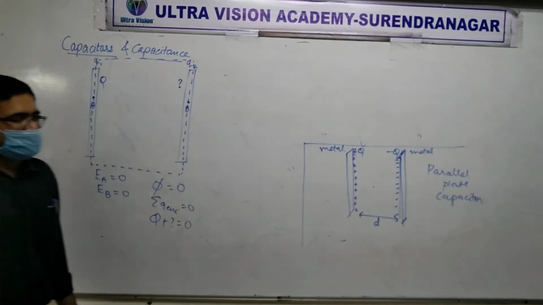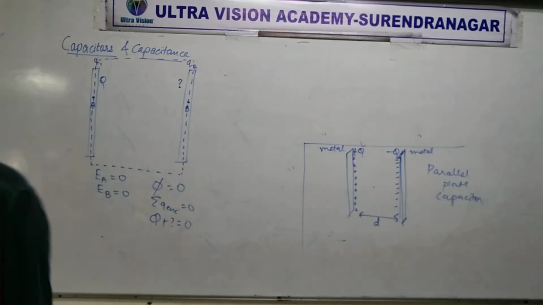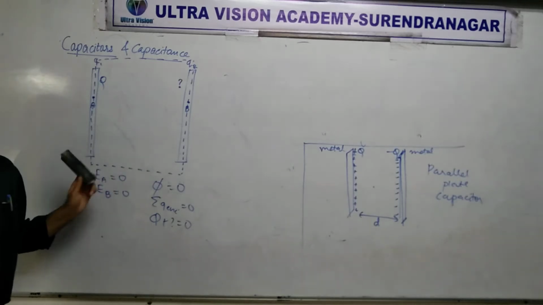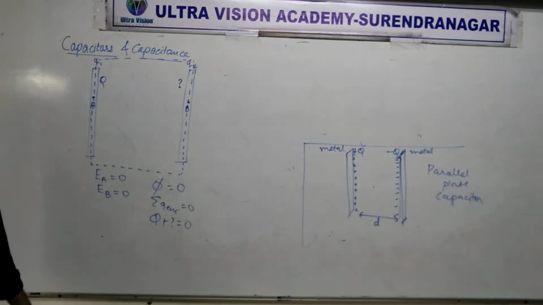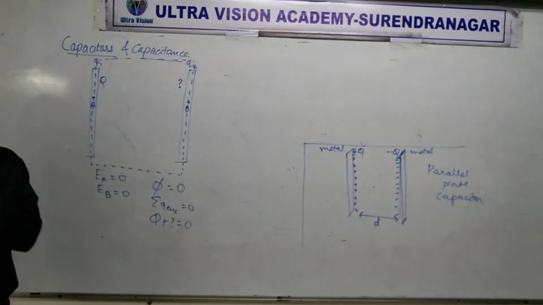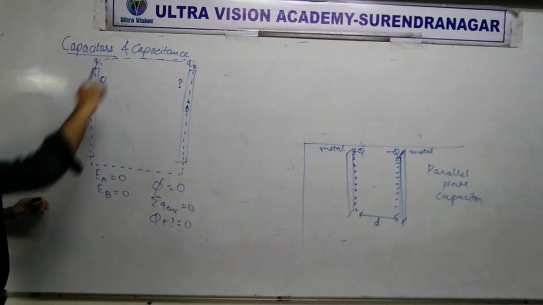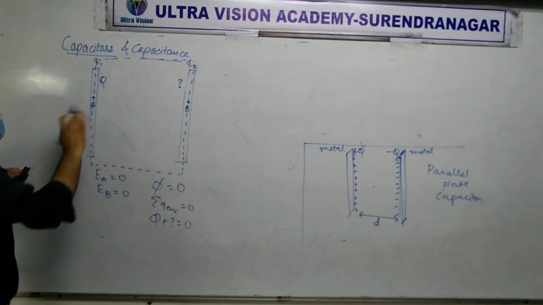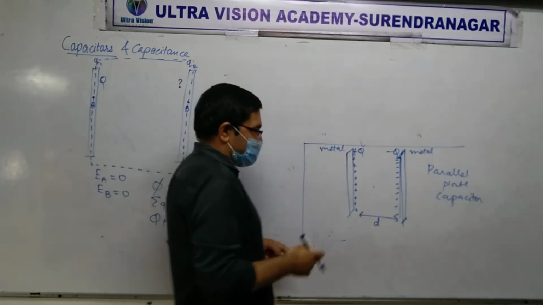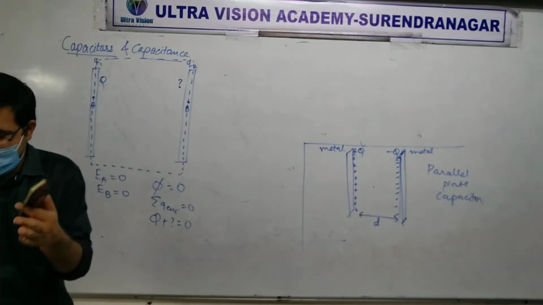Whenever there are two conductors like this, a capacitor, facing each other, it is always necessary that the opposite faces have equal and opposite charges. Clear? Further, in a usual case, this positive and this negative charge will attract each other, and they will keep themselves close to each other.